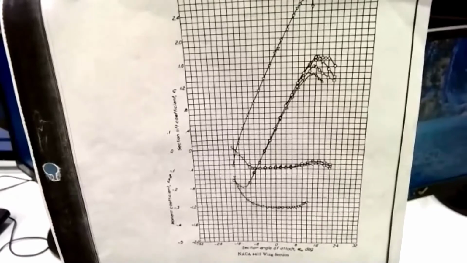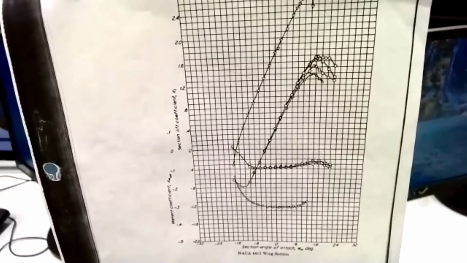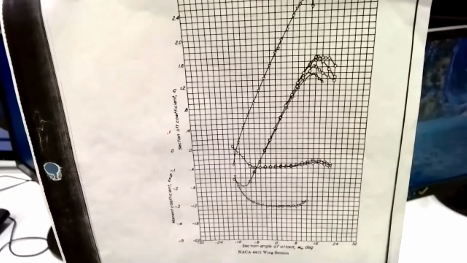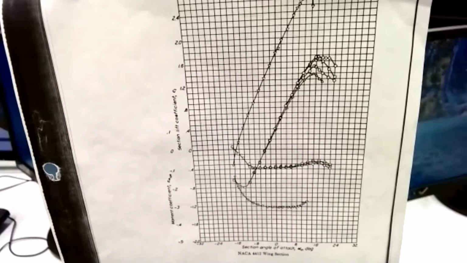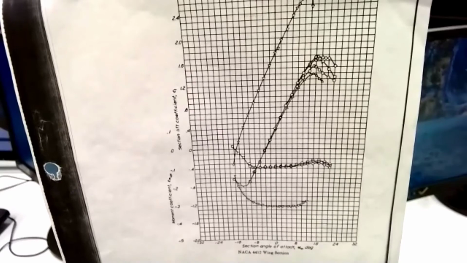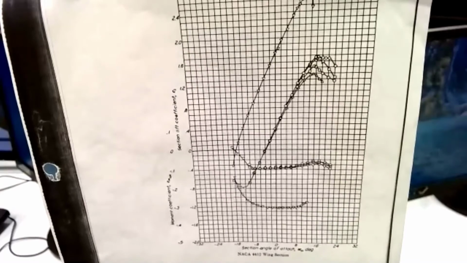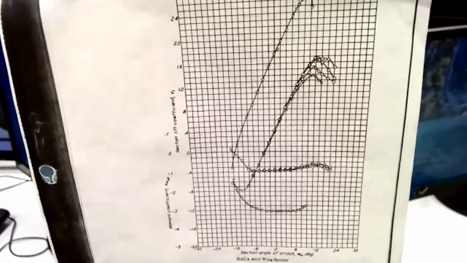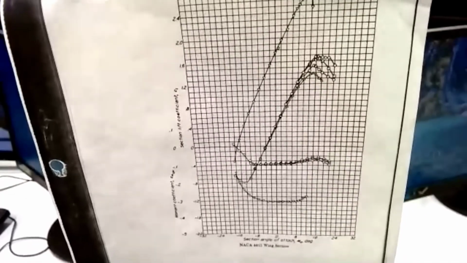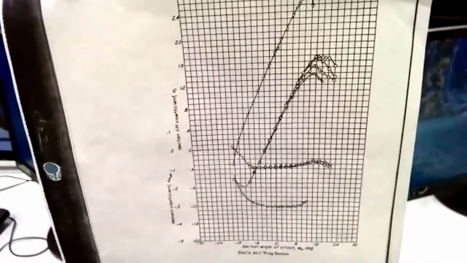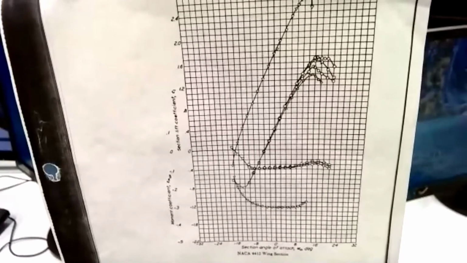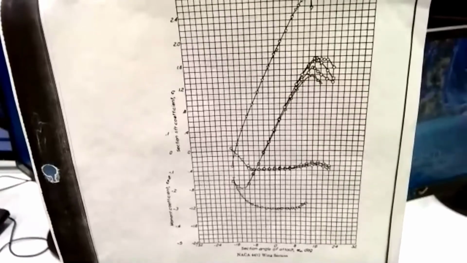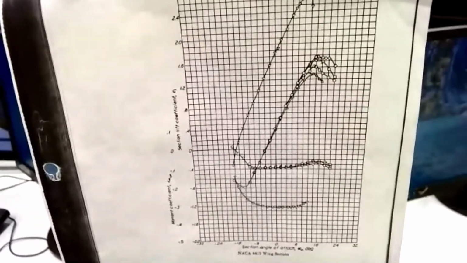So here's how I did it. I went from minus 4 degrees to 4 degrees. Pretty sure that's what I did. So that's my delta alpha. Is that what you did? I went from 0.8 to 0.4 in CL, and then my degrees from 0 to 4.